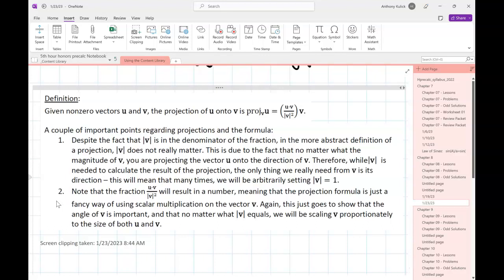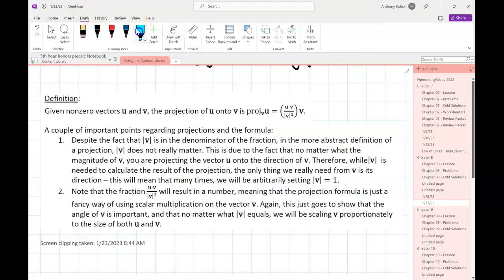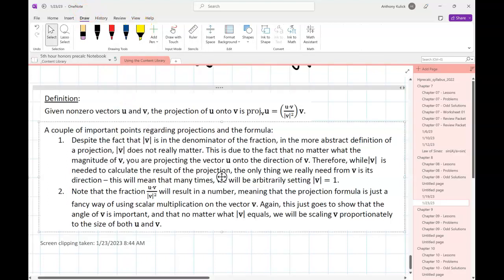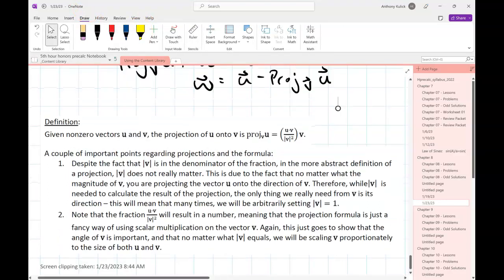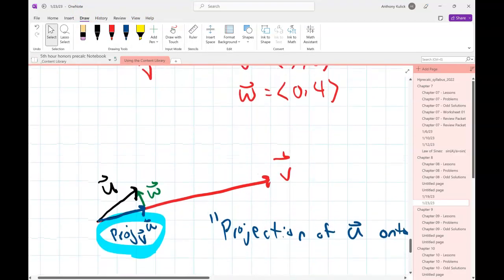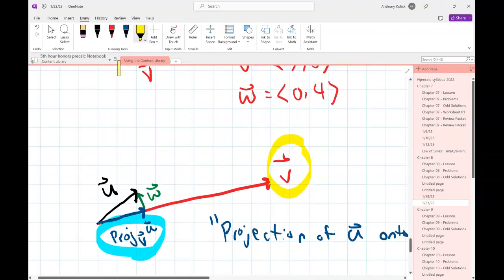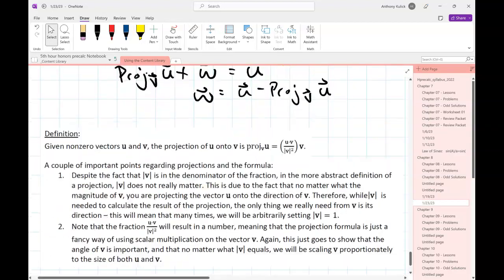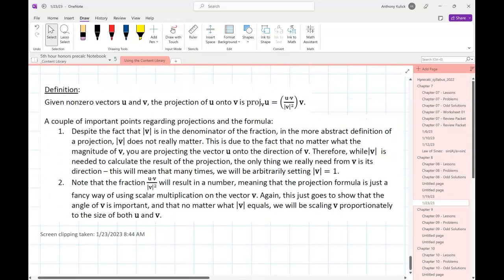So two things to remember. If we think about the picture I've just drawn, this doesn't really depend on the length of V, right? Because when we build our projection, all we really care about is that it's going in the same direction as V. So in a sense, the value for the magnitude of V doesn't really matter.